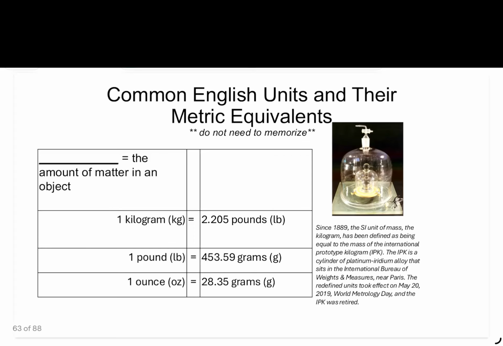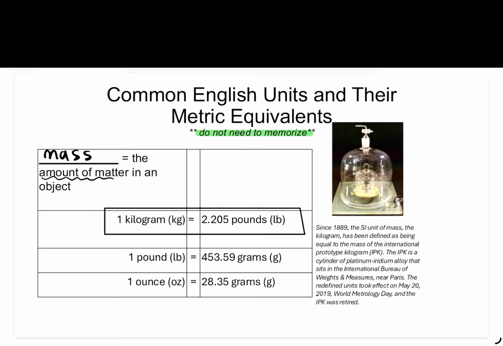More common English units and their metric equivalents that you do not need to memorize are for mass. So mass is the amount of matter in an object. And one that's going to be really common that you don't have to memorize, but you might want to just because you'll use it a lot is 1 kilogram equals 2.205 pounds.